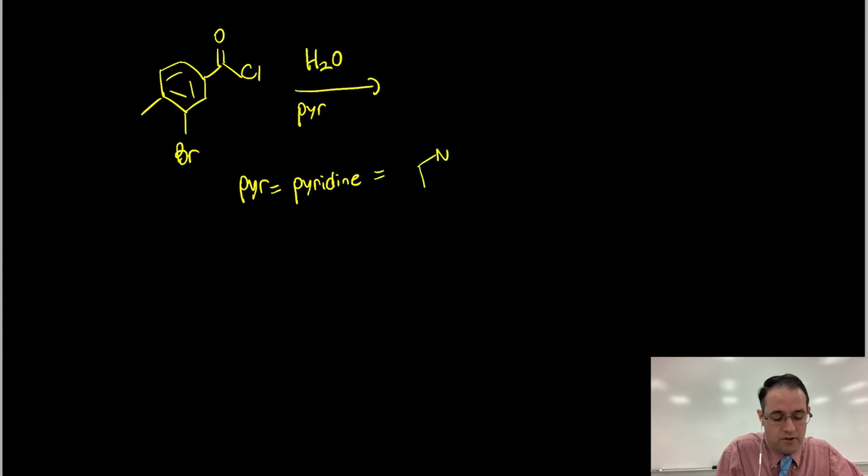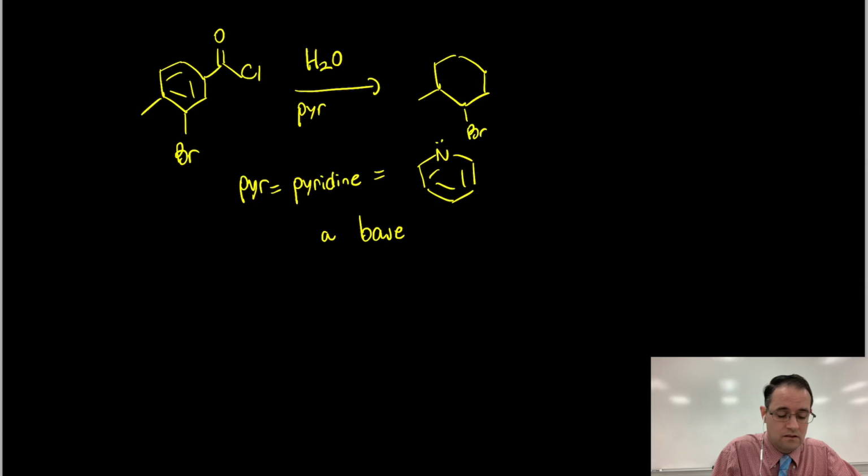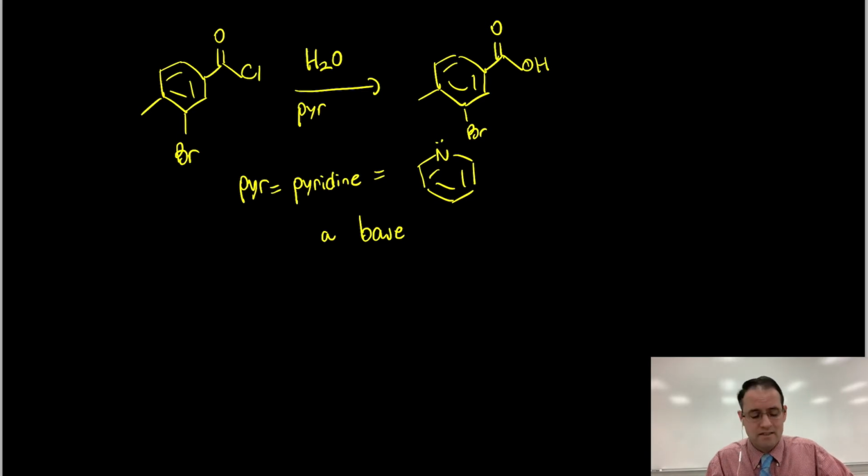And that, remember, is a six-membered heteroaromatic thing. Okay, so it's a base. And so this reaction is going to give you the carboxylic acid. All right, that's all.